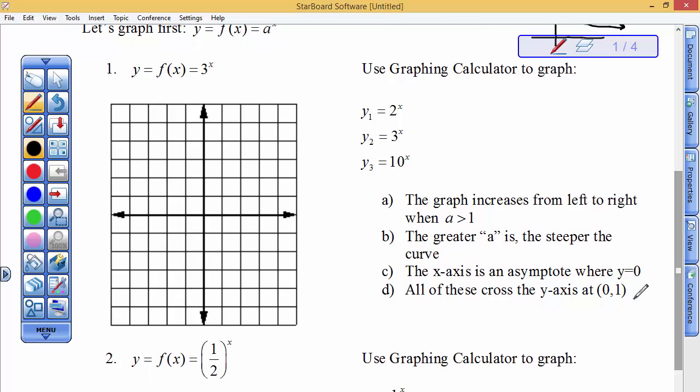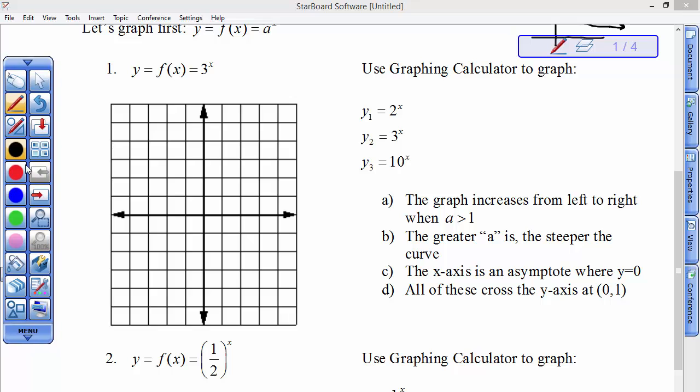So let's just look at number 1, which is 3 to the x power. Because I know that this is going to grow exponentially, I'm going to start with some numbers for x that include some negative numbers, and I'm going to make sure I include 0, and then I'm going to include some positive numbers, and I'm going to try to do the arithmetic.